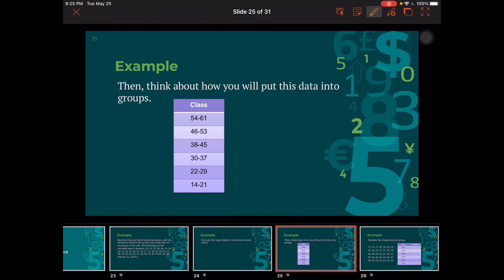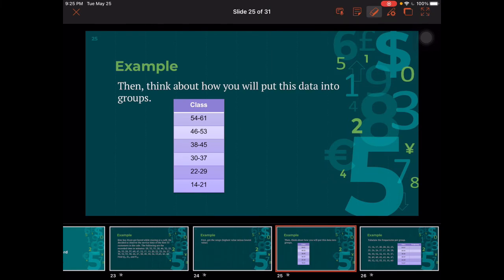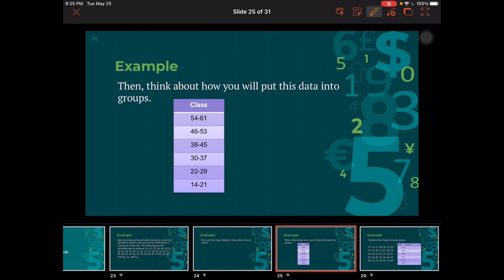Now, as you notice, hindi ako nag-start dun sa smallest value. Nag-start ako sa before that. So, I didn't start with 15. I started with 14. Okay? Now, you can also start with 15 naman. This is just a personal choice. But, when making your groups, you can actually start with the lowest.